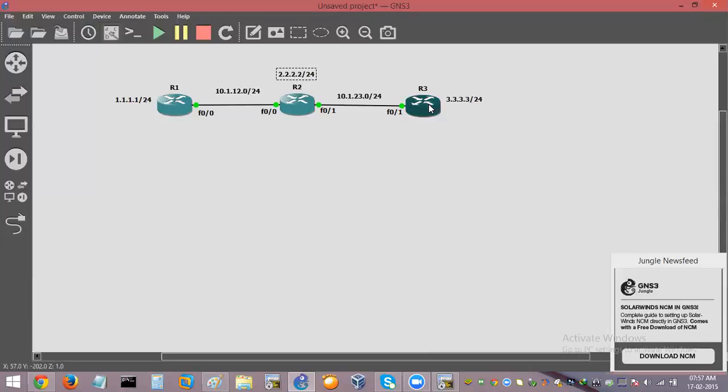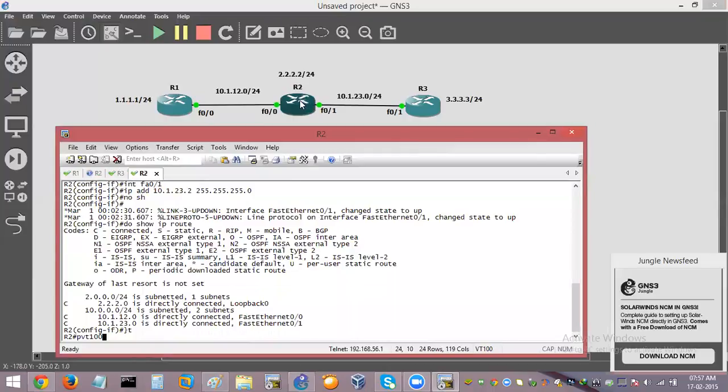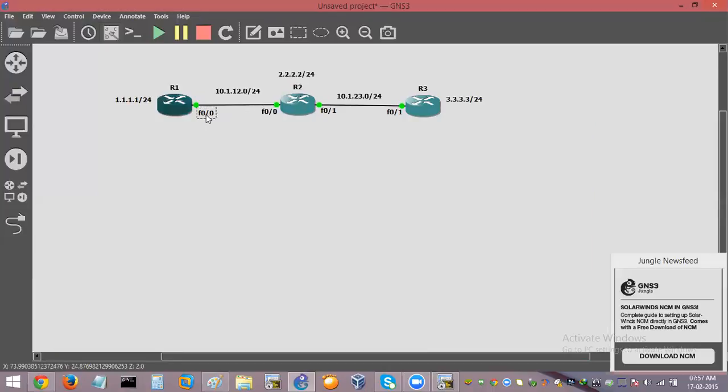If I go to R3, I say hello R3, if you want to reach 1.1.1.1, go to R2, he'll take you there. So you can either define your next hop IP address, your neighbor's IP address, or you can define the exit interface. When you manually tell the path to reach a destination network, that is called static routing.